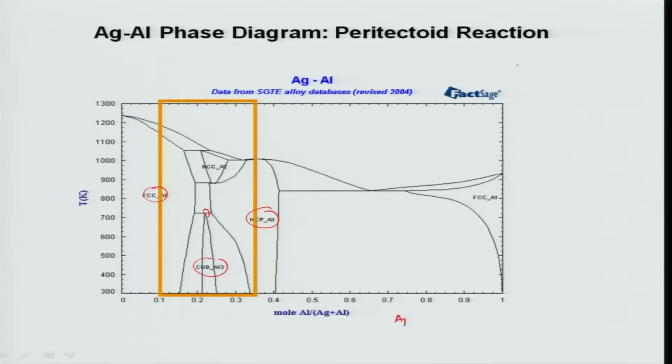So, that means A1 plus A3 giving rise to A13. That is how it happens. A1 is always cubic FCC type, that is why it is called A1, and A3 is HCP type, that is why it is called A3. These are all types of structures, and cubic is your A13 structure. So, this is another example of a peritectoid reaction.